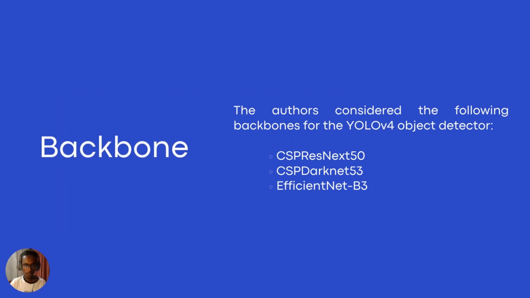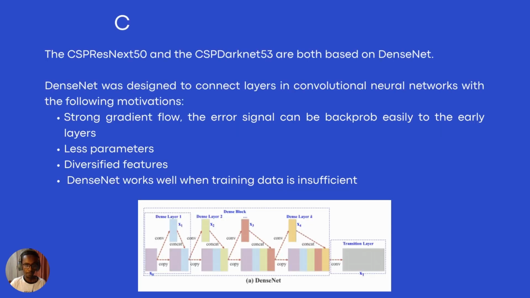So the authors considered the following backbones for the YOLOv4 object detector. The first one is CSPResNeXt50. The second one is CSPDarknet53. And the third one is EfficientNet-B3.